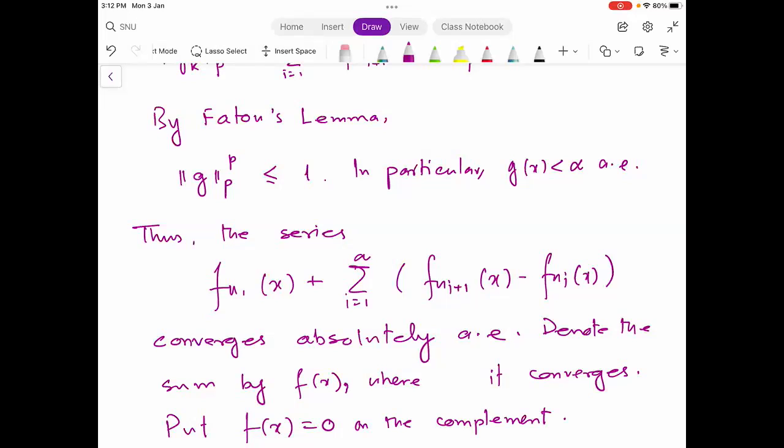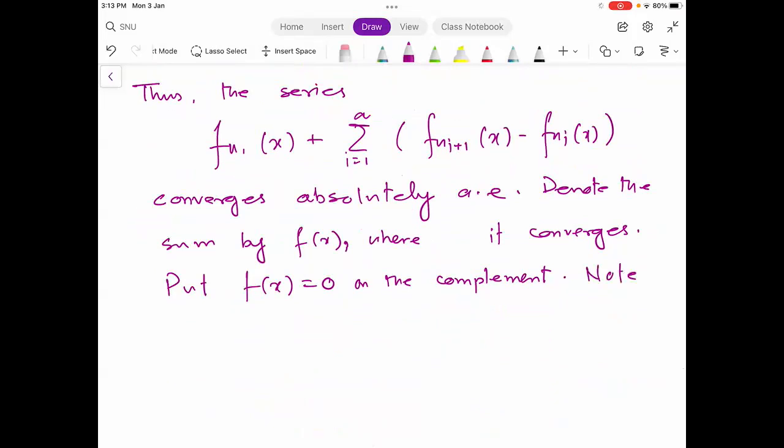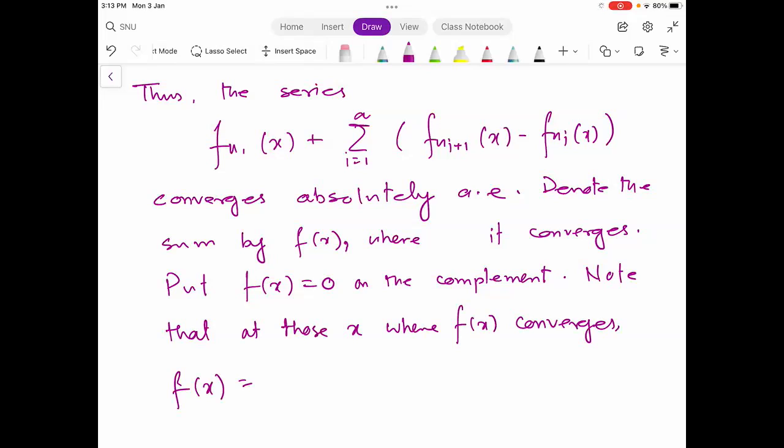Agreed? So we have a nice function, where f(x) is the sum of the series almost everywhere, and on a null set it's 0, and there the series does not converge. So f(x) is not equal to the series there, but who cares? At those x where it converges, what is f(x)? f(x) is the sum of this infinite series, but the sum of an infinite series is the limit of the partial sums.